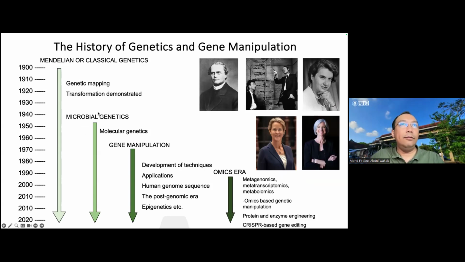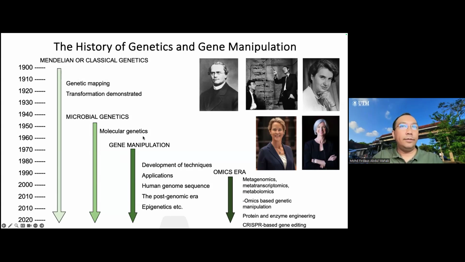In the 1940s to 1950s, Watson and Crick discovered the structure of DNA using the X-ray data by Rosalind Franklin. I think that was when we had an explosion of discoveries, and it just goes on exponentially from there.